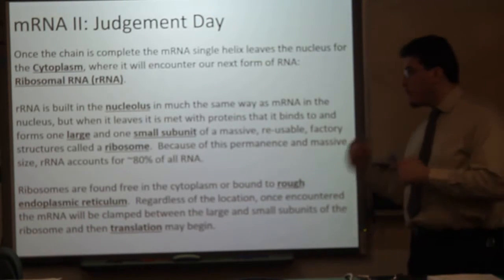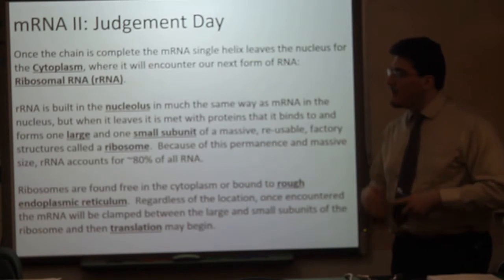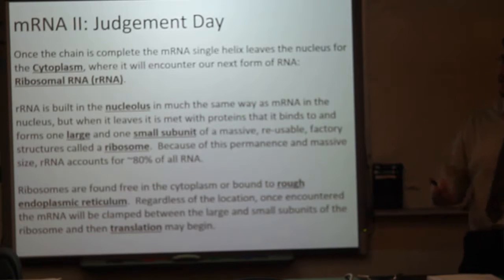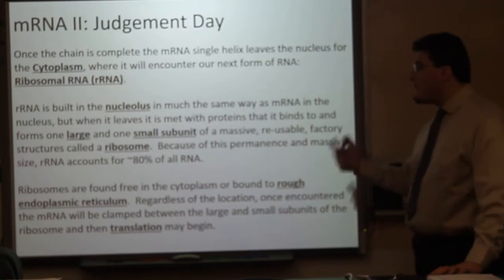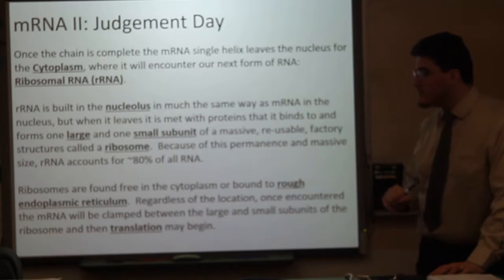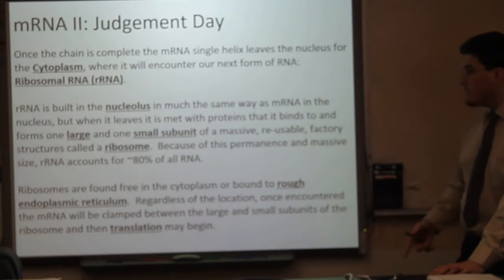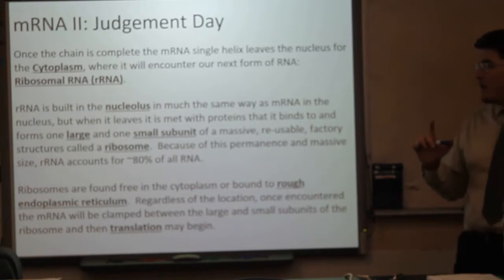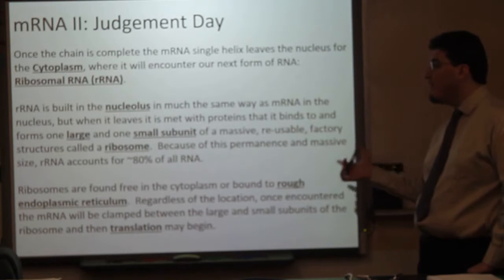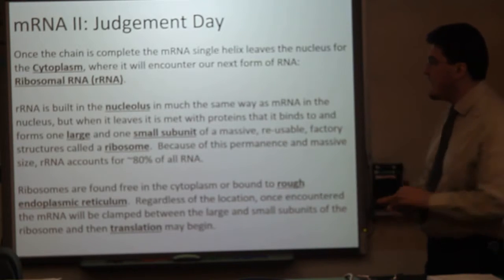Because of this permanence and the size, rRNA accounts for about 80% of all RNA in the cell. Ribosomes are found free in the cytoplasm or bound to rough endoplasmic reticulum. Regardless of their location, once encountered, the mRNA will be clamped between the large and small ribosomal subunits of the ribosome, and then translation may begin.